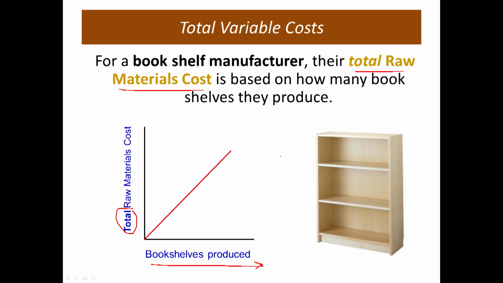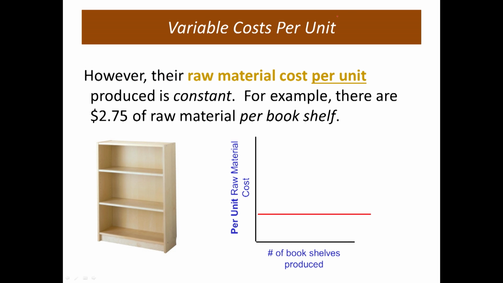Okay? Now here's the concept I really want you to wrap your brain around, though. Yes, total variable costs change as activity changes. But if we are talking about a per unit basis, variable costs on a per unit basis stay constant.